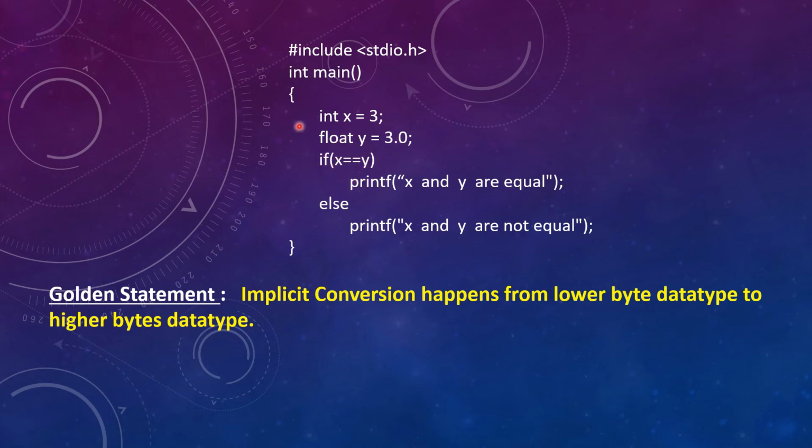It won't convert it permanently, it will just convert it for checking this condition. So the content of x will be treated as a float value. So this 3 will be treated as 3.0, and 3.0 is equal to 3.0. That's why our answer will be x and y are equal.